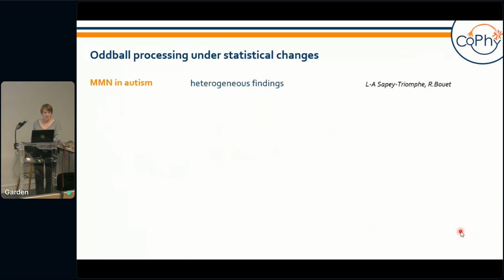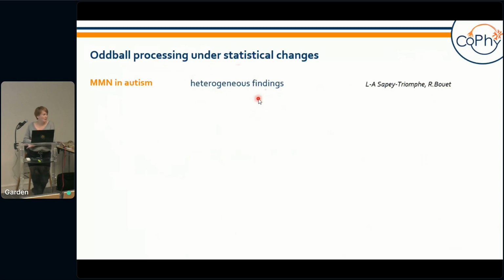So now, oddball processing in autism. Lauriane and Romain Bouet did a large review of the literature of the MMN in autism, and they found it's really heterogeneous, contrary to other clinical conditions where, for instance, in schizophrenia, it's found systematically reduced.